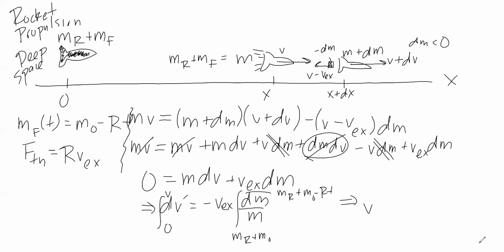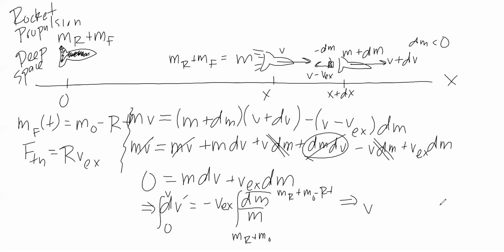So V, technically, is a function of t, equals minus V exhaust times natural log of m from those limits. Since I'm running out of room, I'm going to delete that, but include the limits and rewrite it as velocity as a function of t.